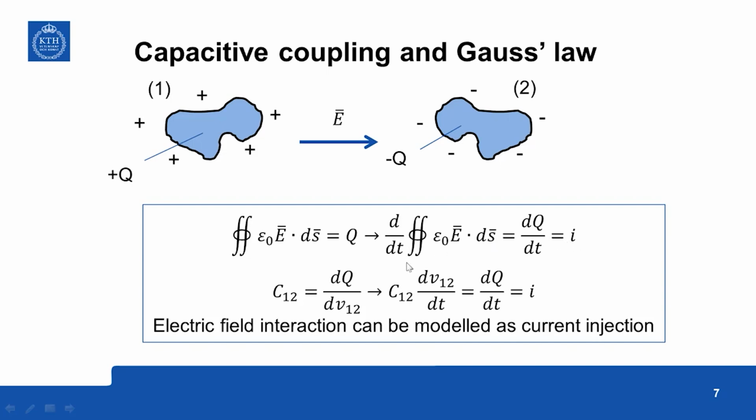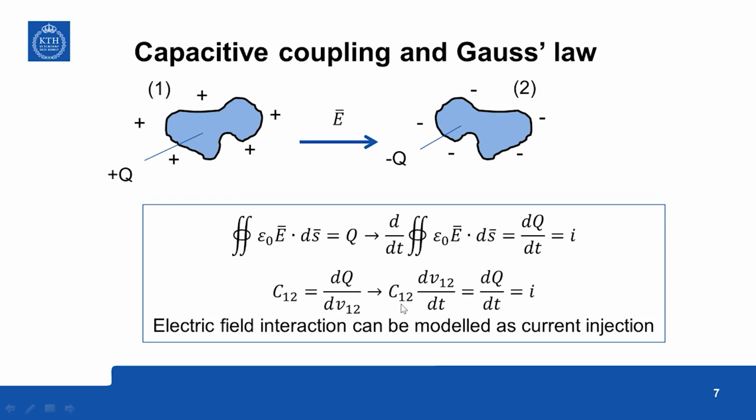So we know how to relate the rate of change of electric field coming out of an enclosed surface in terms of the current. So we can introduce the concept of capacitance, which is defined as dq by dv, where V12 is the voltage difference between these two bodies. So rate of change of Q with respect to this voltage.